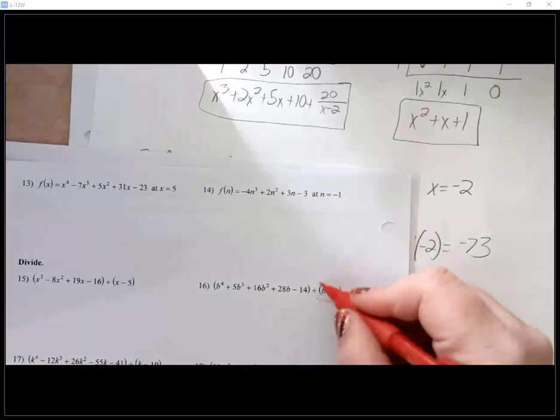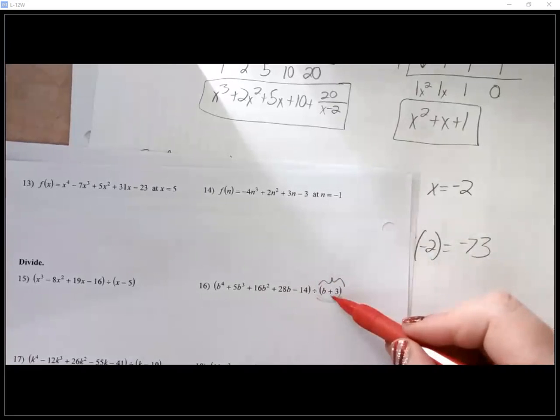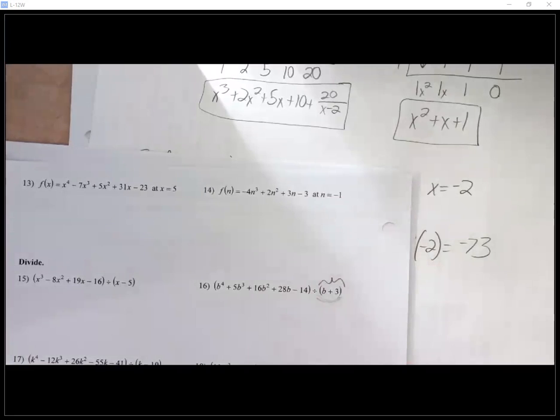Because this is important. That thing right there has to be some variable plus minus some number. If I have a leading coefficient here that's something other than 1, I really don't want to do synthetic with that. If it's not a binomial, I'm not doing synthetic with it. You can't. So that's important to remember.